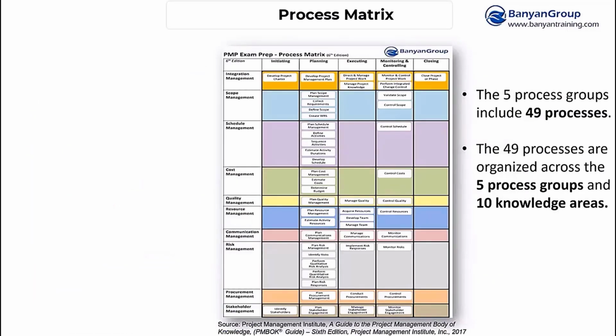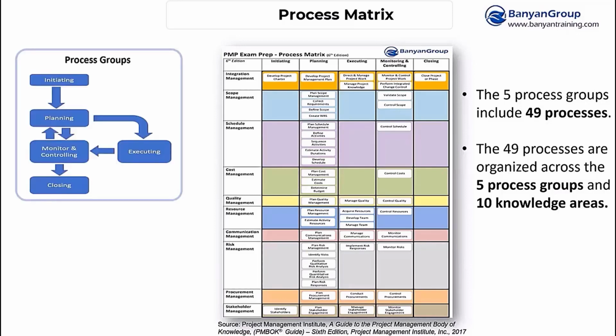Now, one of the documents is what we call the process matrix because it's in a kind of a table format. And this includes all of the 49 processes. Now, you've got these 49 processes also in the process map that we're going to cover, but this one kind of shows you that the 49 processes are organized according to the process groups, which you can see across the top.